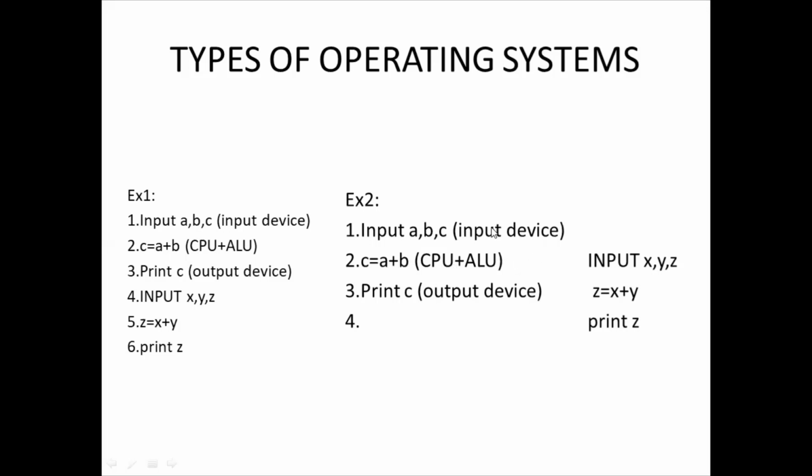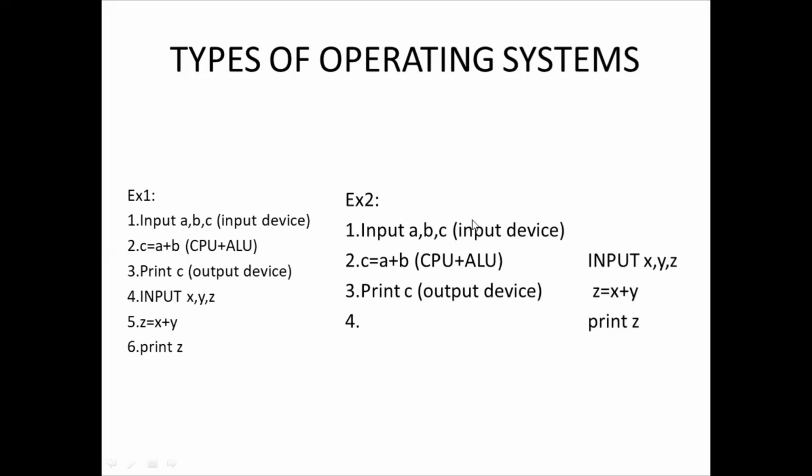At that time the input device is free, so we make use of it: input X, Y, Z. Now comes the third step, print C, where the processor is free and the output device is busy. So while the output device is busy, we give the processing, Z equals X plus Y. Then after the print command is executed, the output device is free, so we print Z.